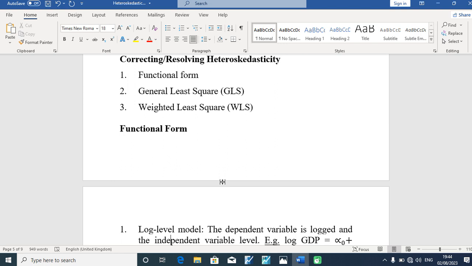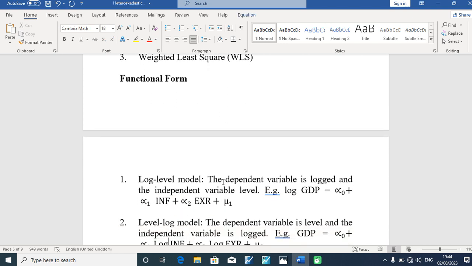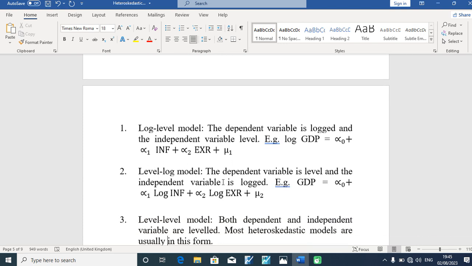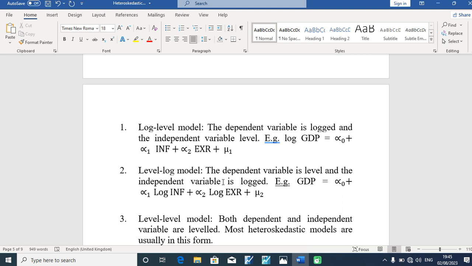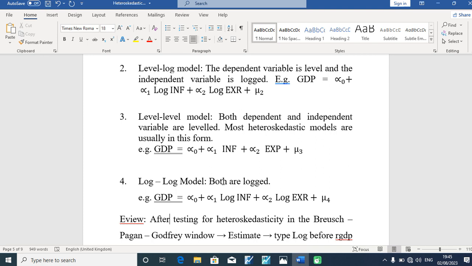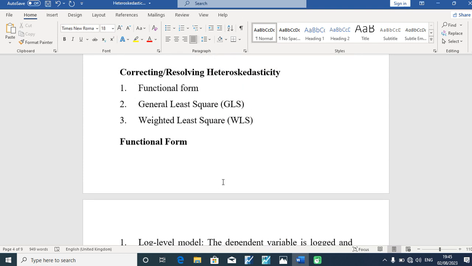The functional form, or changing the functional form of an equation, requires the researcher to look at the unit of measurement of the variables and see how he or she could manipulate or change it. For instance, if you model a log-log scenario and you observe a problem of heteroskedasticity, what you are expected to do is model a linear scenario to see if the problem of heteroskedasticity will leave.